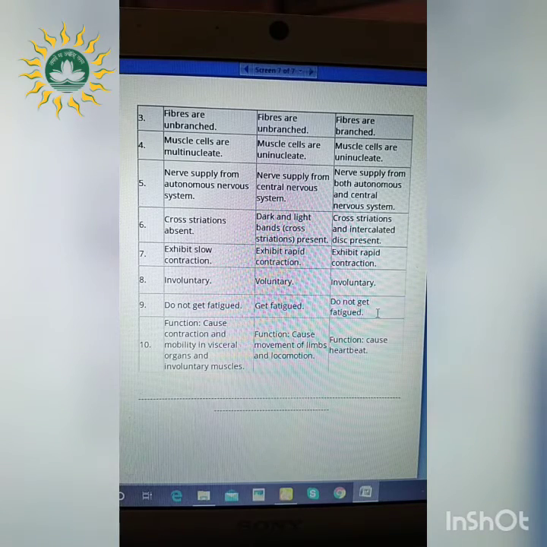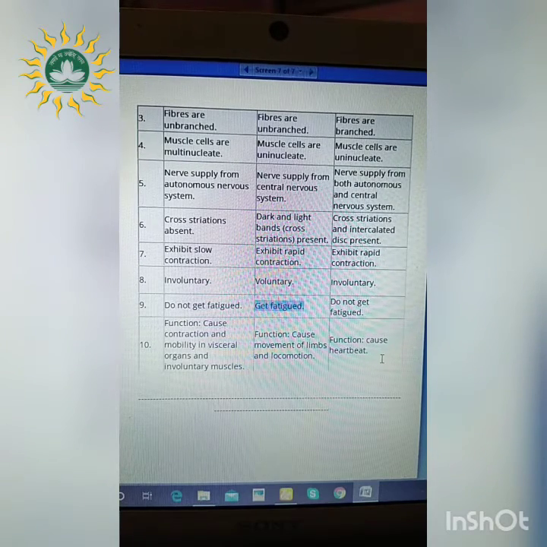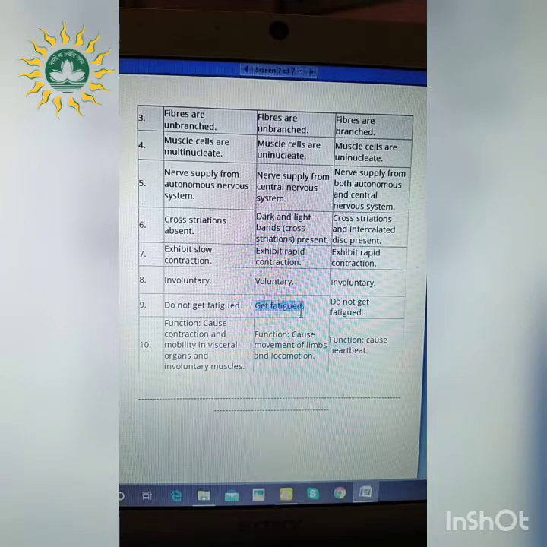They do not have any problems while working 24/7, right? But the striated muscles do get fatigued. For example, if we run or walk for some time, our muscles will fatigue, right? We will feel lazy. So these muscles get fatigued.